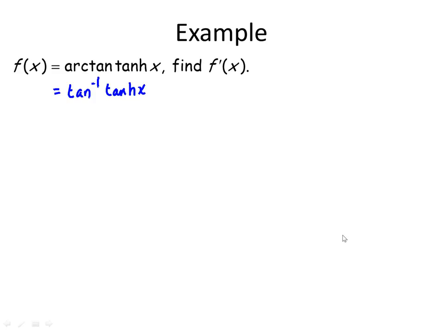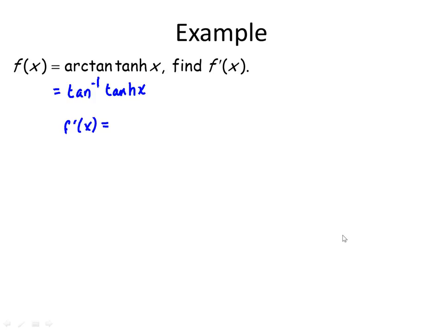It's the argument. This is not the product rule. Tan x is the argument of the tangent inverse. Well, in order to do f prime of x, I need to know how to find the derivative of tangent inverse of u. How do you find the derivative of tangent inverse u?